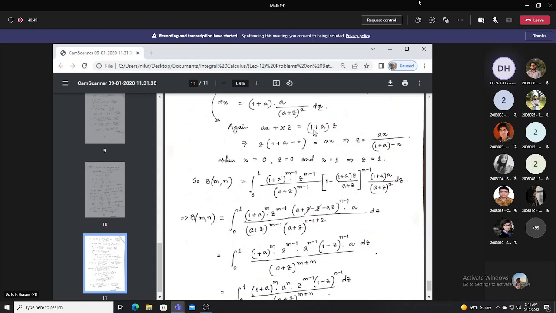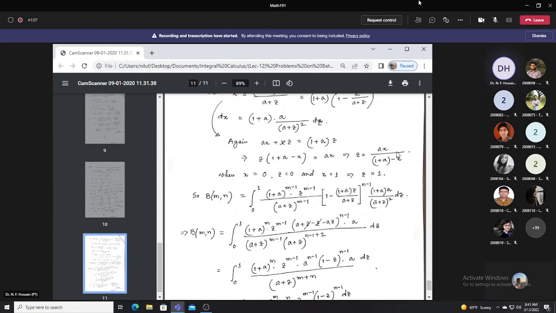So it should be z into (1 plus a minus x), and on the other side, it should be ax. So what is the value of z? z equals ax divided by (1 plus a minus x). This is the value of z.